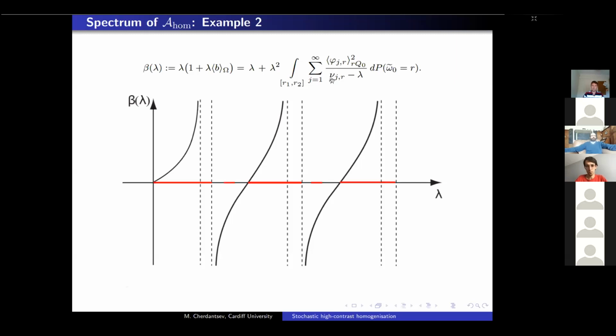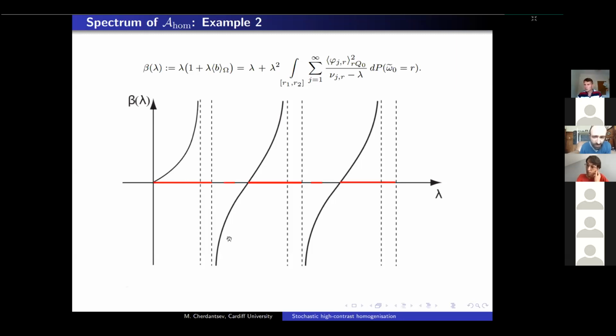So you will have a union of spectra on these balls, which are these small intervals, this one, and this one, etc. The rest is pretty similar, right? The function beta of lambda is not defined on these sets, which correspond to the eigenvalues of the balls, but where it is defined, it looks very similar to the periodic case.